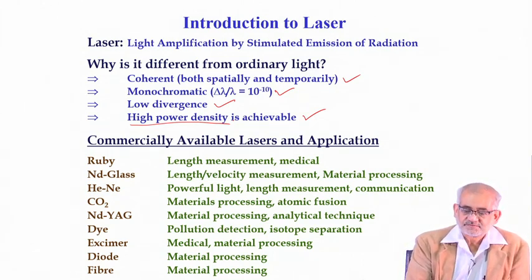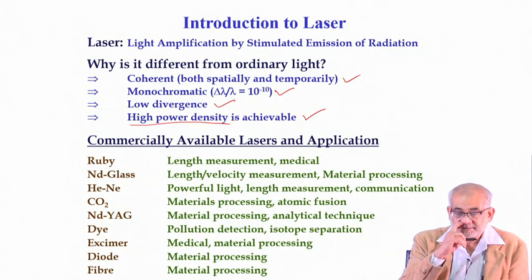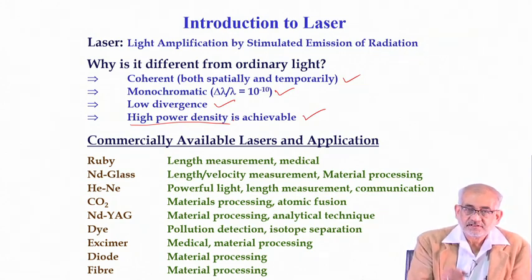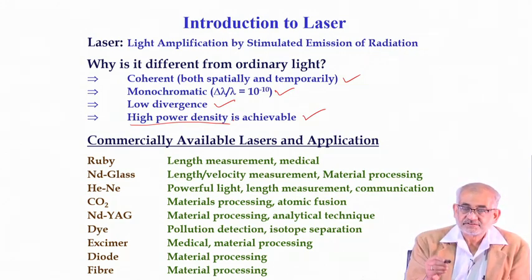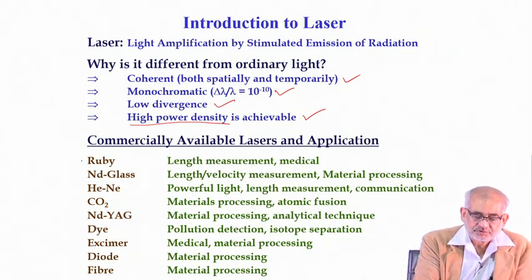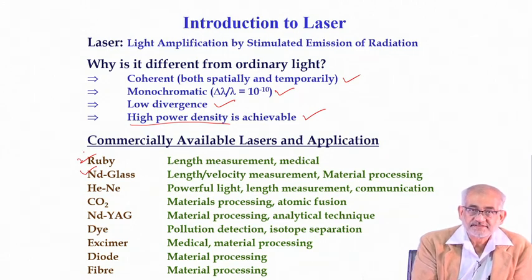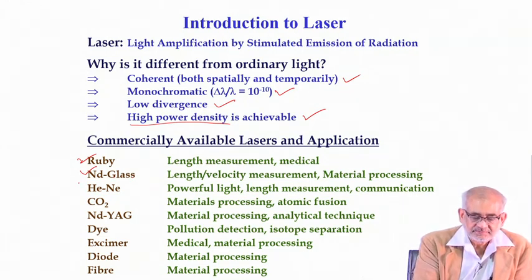There are a host of lasers, traditionally used for various kinds of processing. Starting from ruby laser to Nd glass, where the species which produces laser is the neodymium ion in a glass or non-crystalline matrix, then helium neon laser, CO2 laser.